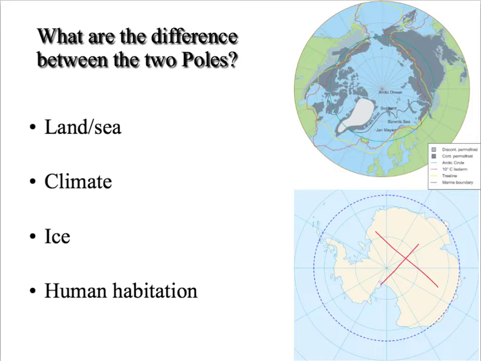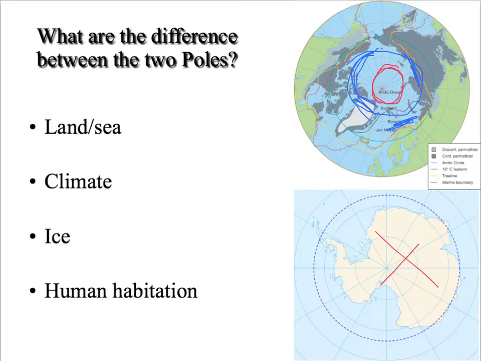Conversely, in the Arctic, around the North Pole, we don't have any land. Okay, it is just an area of frozen sea, and that is the key difference between the two poles. Now, that's not to say that there isn't land within the Arctic Circle. Within the Arctic Circle, we do have large amounts of land: parts of northern Russia, parts of northern Scandinavia, parts of Greenland, and northern Canada, all within the Arctic Circle.